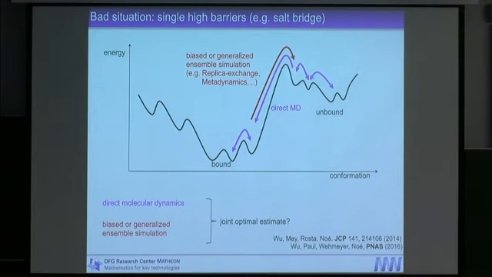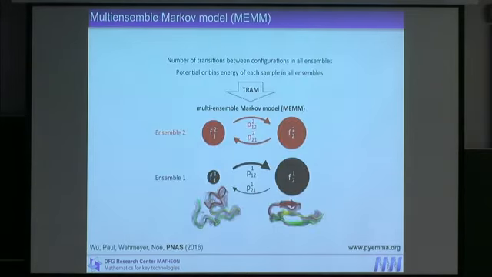And we have developed a way that uses Markov chain maximum likelihood estimation and modifies it in a way that you can include data from all of these biased or generalized ensemble simulations.